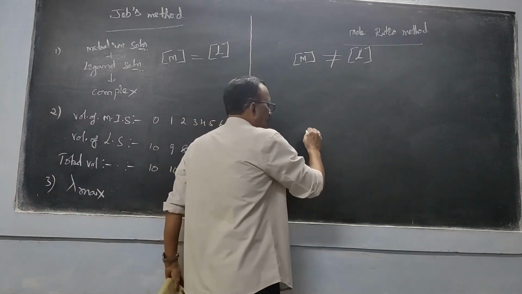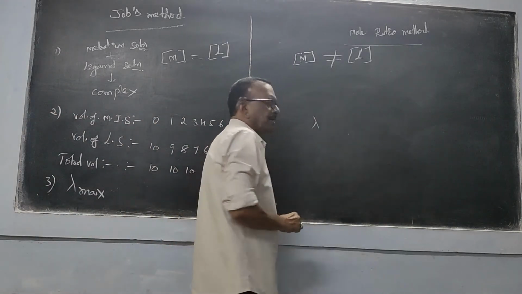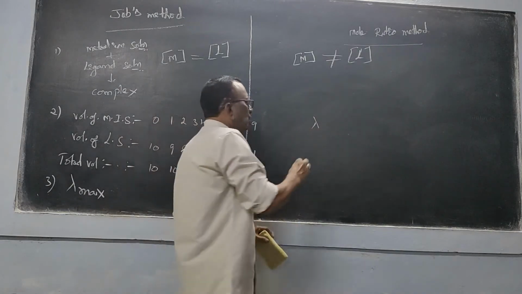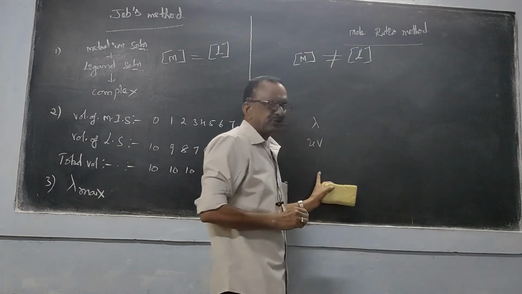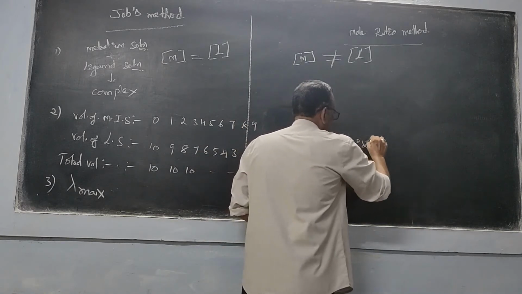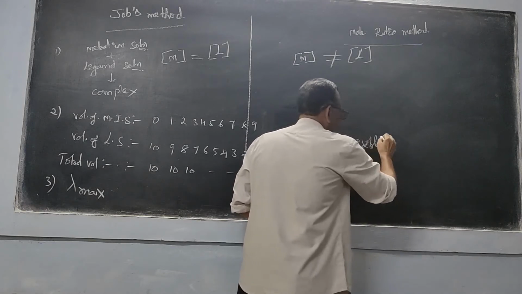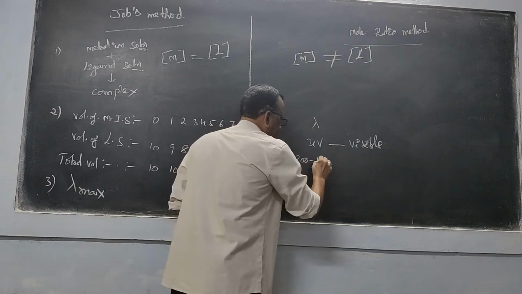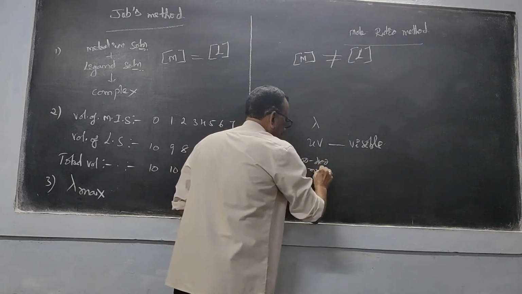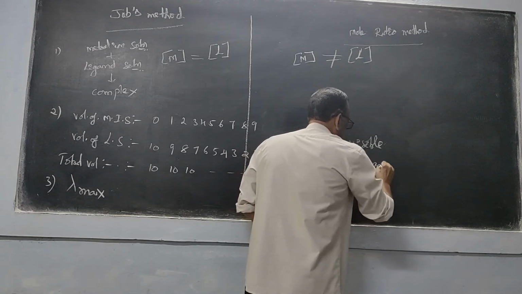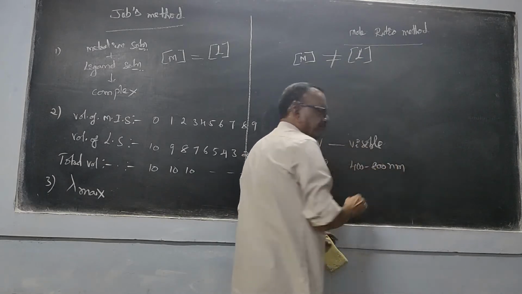Now we know that light has wavelengths. Wavelength is represented by lambda. Generally, we may use either UV light, ultraviolet, or we can use visible light also. Ultraviolet light is 200 to 400 nanometers, and visible is 400 to 800 nanometers.